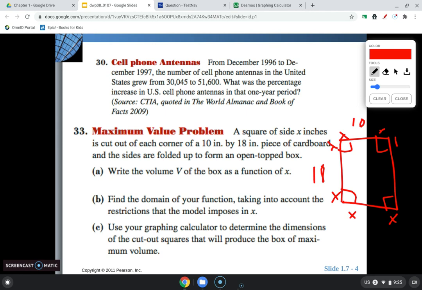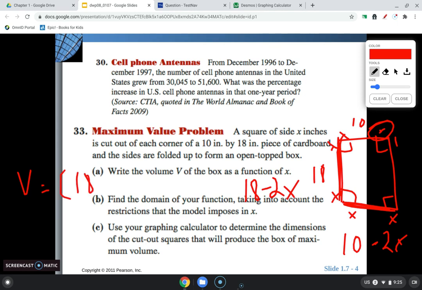Okay, so from here to here would actually be 10 minus 2x, and from here to here would be 18 minus 2x. So to find the volume, we take length times width, and then the height of the box would be x, because that's those corners. So we can just write that 18 minus 2x times 10 minus 2x times x.